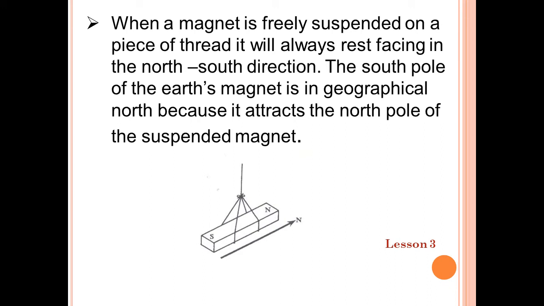So when you suspend a magnet on a thread, it will always rest facing in the north-south direction, because the north-seeking pole of the bar magnet that has been suspended will always be attracted by the south pole of the Earth's magnet, which is in the geographical north.